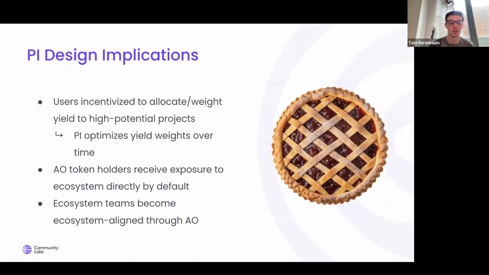And ecosystem teams become ecosystem aligned with this mechanism too, because they're now earning AO tokens to sustain themselves. They're able to earn essentially an allocation of the AO token supply as people are weighting their AO tokens or delegating their AO yield to those teams, which incentivizes them to act in the interests of the ecosystem as a whole. I think that's pretty cool.